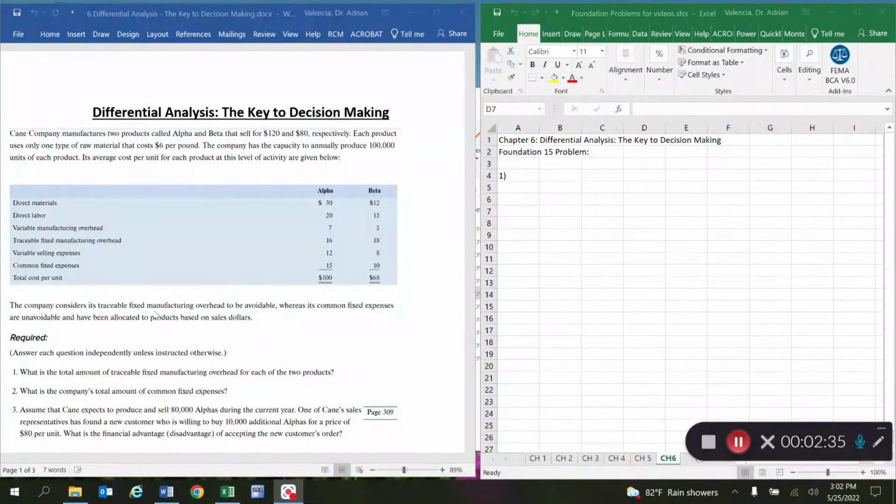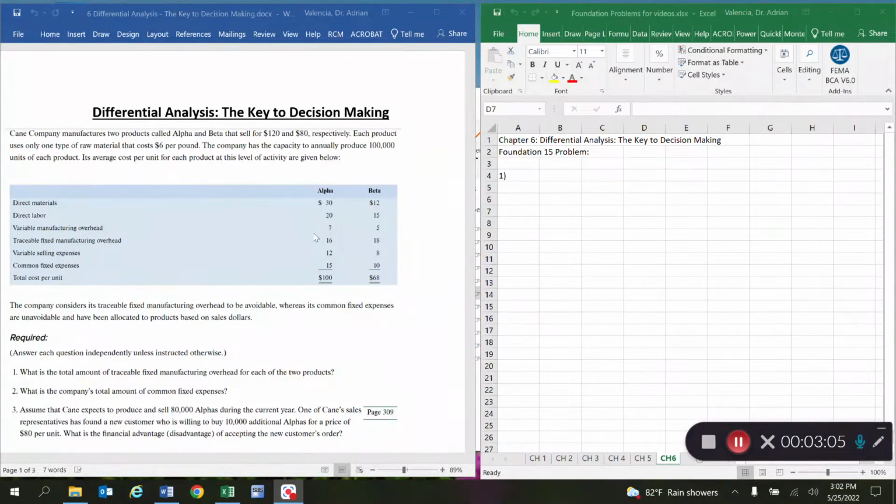It says here the company considers fixed common expenses unavoidable, that's what we mentioned, and they have been allocated to products based on sales dollars. If you notice, 120 versus 80 is the proportion being used to allocate the 15 versus 10.